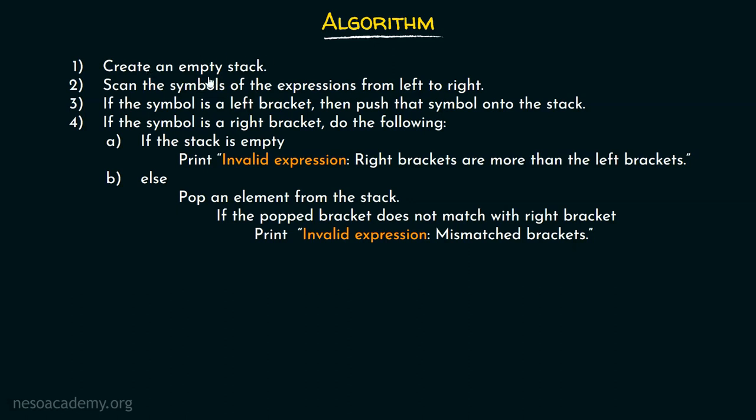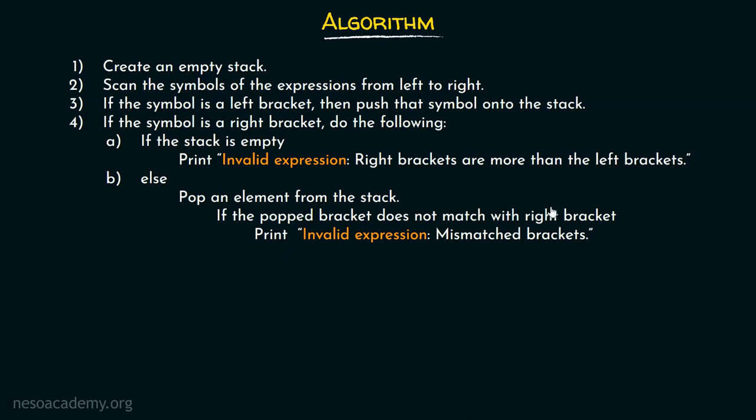Here we first have to create an empty stack, then we must scan the symbols of the expression from left to right. If the symbol is a left bracket, then push that symbol onto the stack. If the symbol is a right bracket, then we have to do the following. If the stack is empty, then we must print this message: invalid expression, right brackets are more than left brackets. If it is not the case, then pop an element from the stack, that would be a bracket. If the popped bracket does not match with the right bracket, then print invalid expression, mismatched brackets.